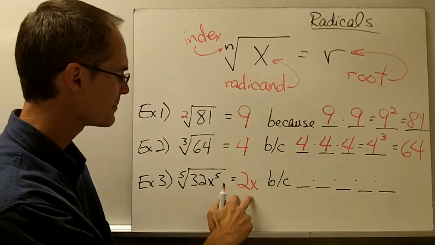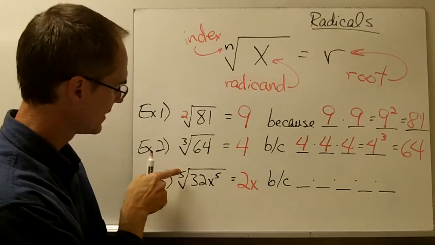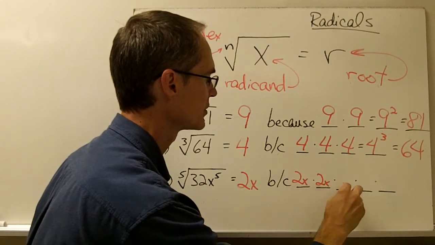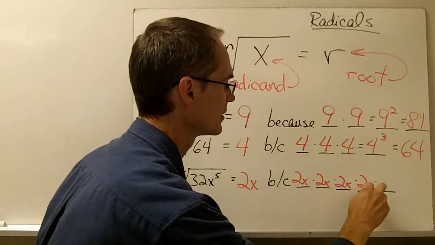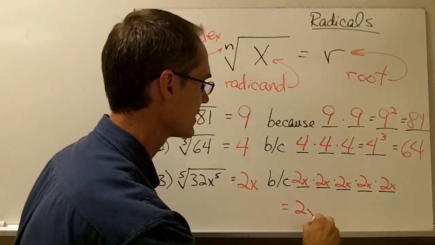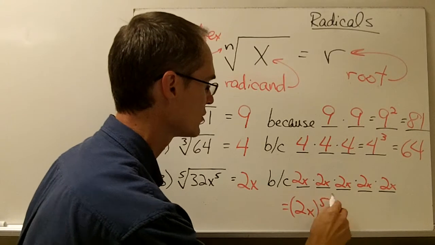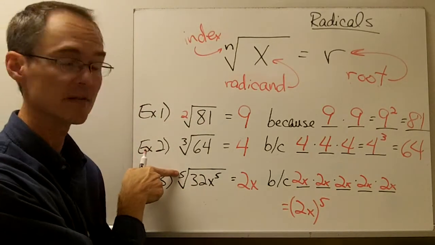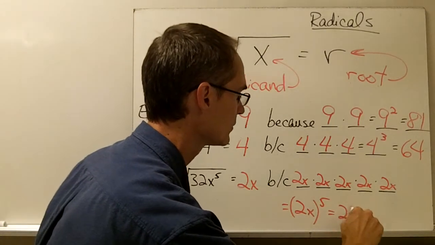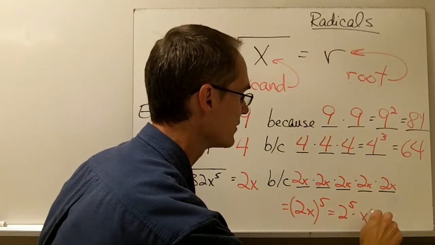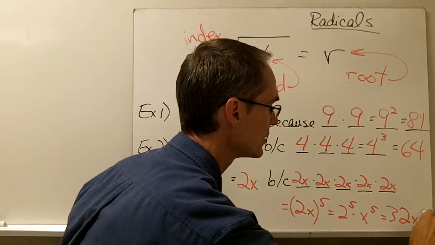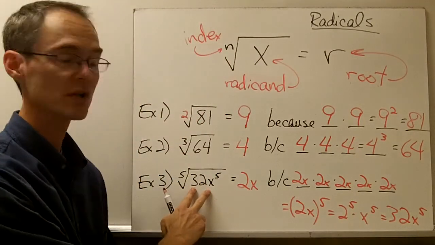Again, that's because if I multiply 2x times itself 5 times, that is 2x times 2x times 2x times 2x times 2x, which is the same as 2x raised to the power of the index, the fifth power. And 2x to the fifth power means 2 to the fifth power times x to the fifth power. And 2 to the fifth power is 32, so that gives me 32x to the fifth, which is my radicand.